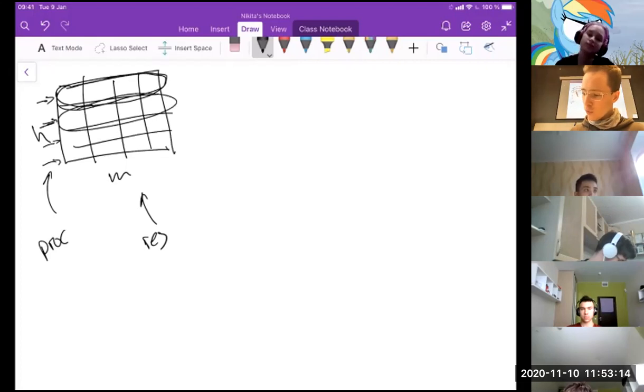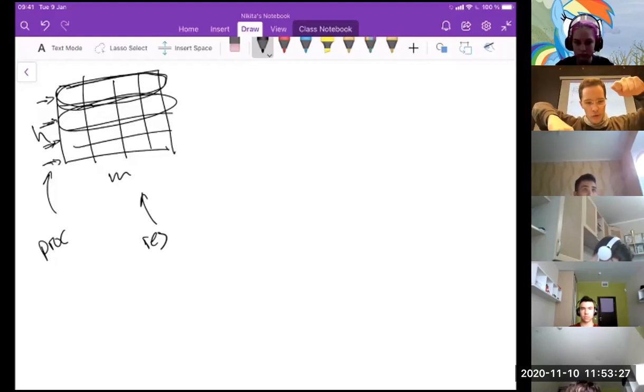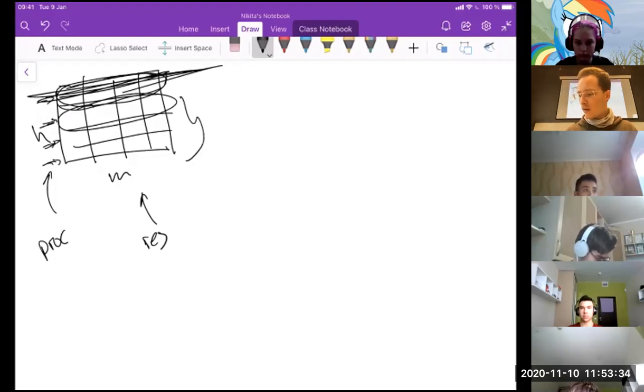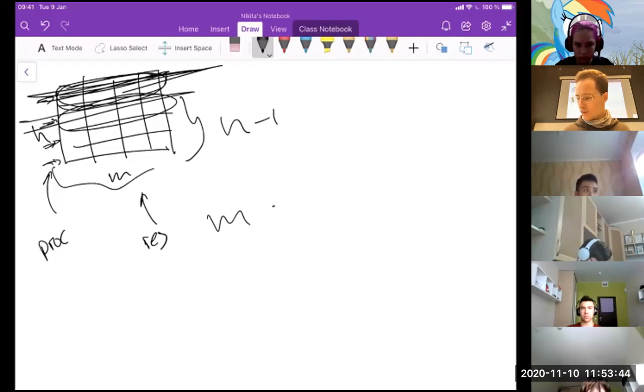If this one is finished, will the rest of them finish? And so on and so forth. So you take one, you check almost to the end. This is not the exact case, but this is the big O notation. You remove one, you check almost all of them. You remove the second, you check almost all of them, and you go deeper. So when we check this one, we still have n-1 to check. And for each of them, we also need to check the previous ones. Then you repeat this and start with the second row. So this is why we have m times n times n. This is the big O notation. Is it clear for you?